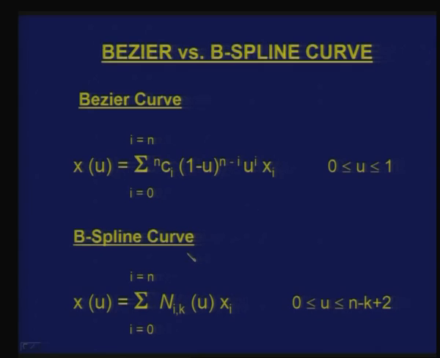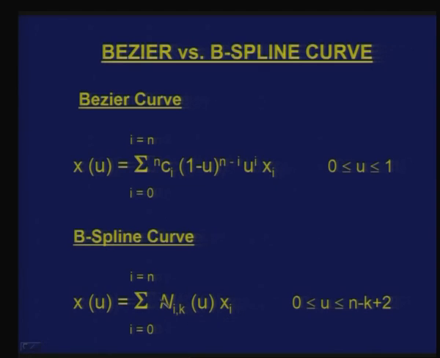Now, let us come to the B-spline curve. You have a definition here. Suppose I have n control points; just like in the Bezier curve, the same thing happens in the B-spline curve too.